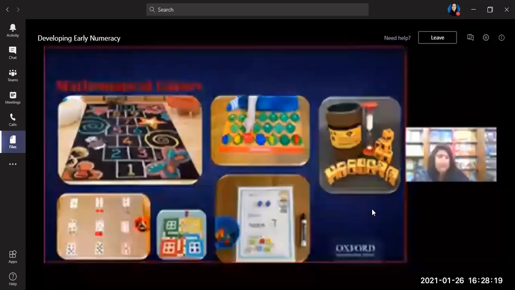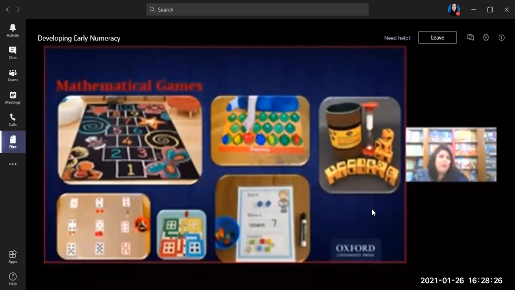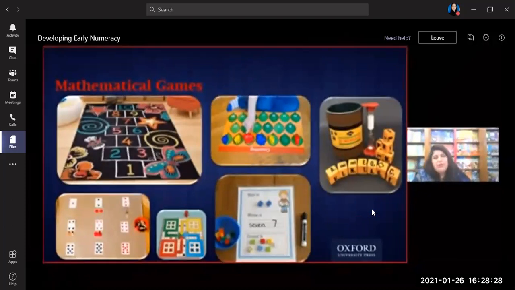All right, so I feel that it's very, very important to actually play games with students in classrooms, because games really make learning interesting and it makes learning fun.